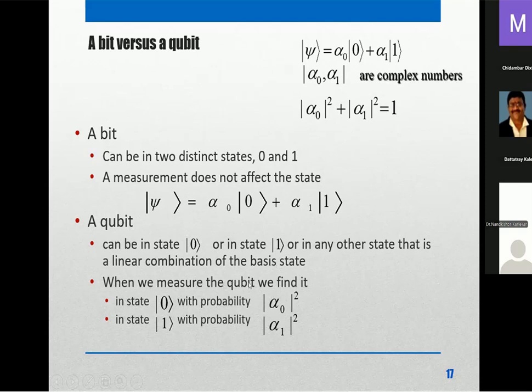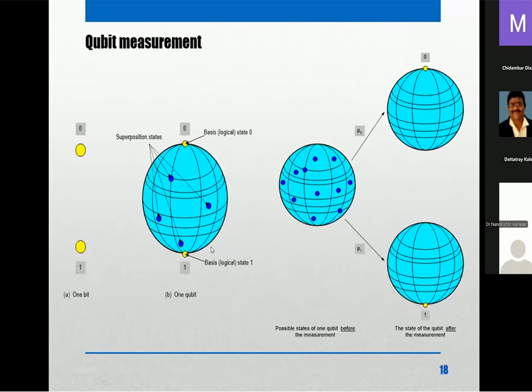So when we measure the qubit, we find it in the ground state or 1, but the output can also be the opposite, 0, because it is a superposition. So we can get a 0, 1, or 1, 0. This graphical representation shows the superposition of states.